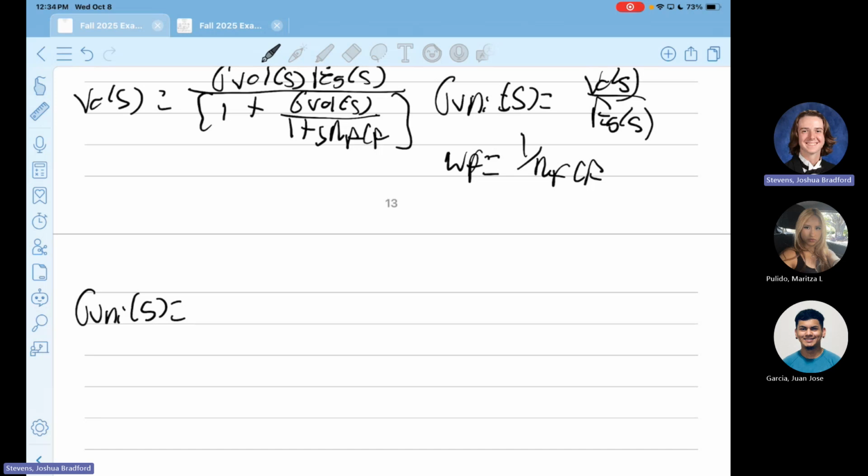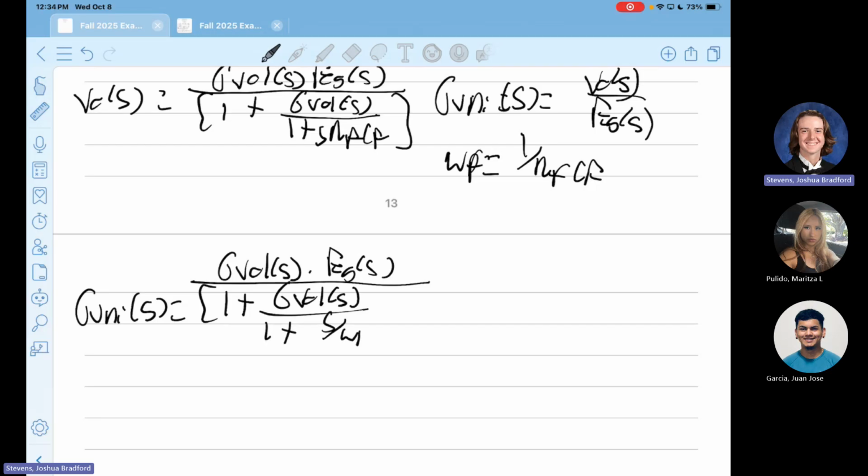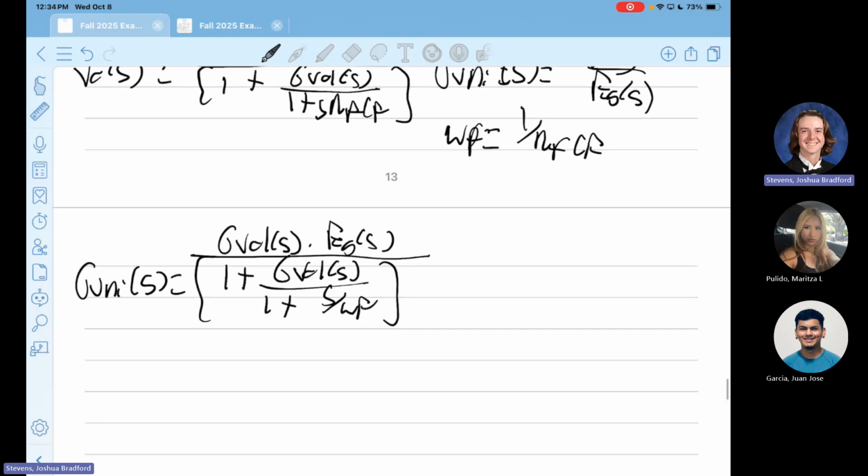It's where I can do this. G VNI of S equals G vol of S times EG of S over 1 plus G vol of S over 1 plus S over omega F. Now, if I plug in the 1 over RF times CF into the omega F, I get this back, because it then becomes S over 1 over RF CF, which just equals S RF CF.